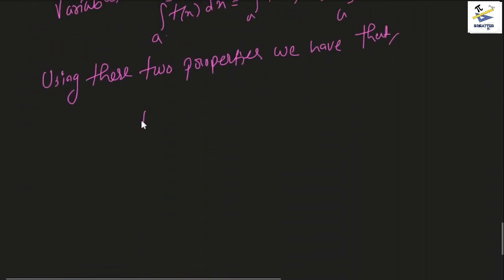So we had proved that I equals minus the integral from b to a of f of a plus b minus y dy.